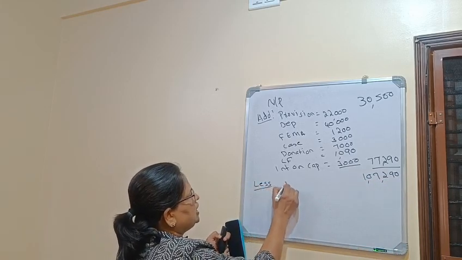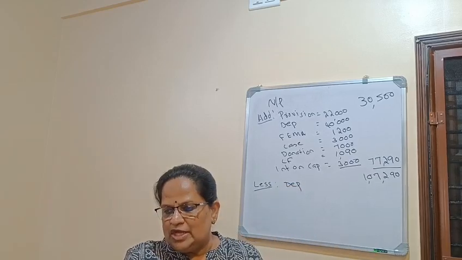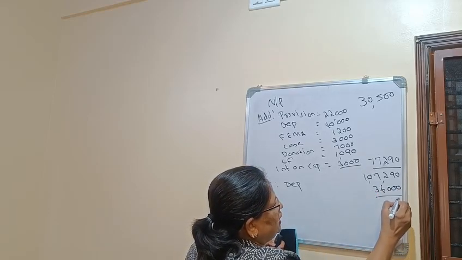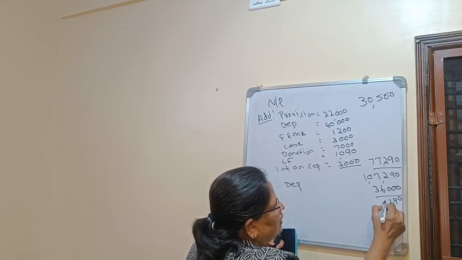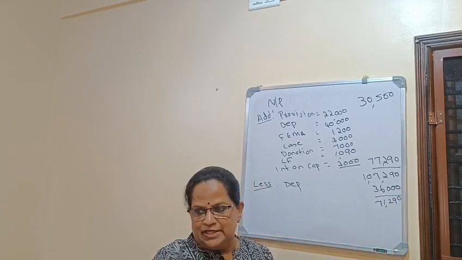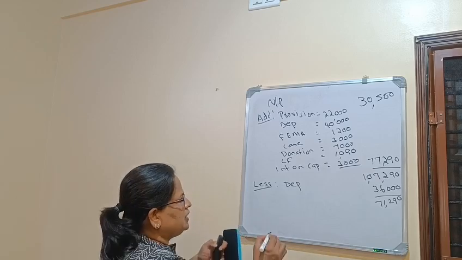Now less expenses allowed. Actual depreciation. So depreciation always an adjustment is there. So actual depreciation is 36,000. So here 71,290. Now less incomes taxable under other heads of income.